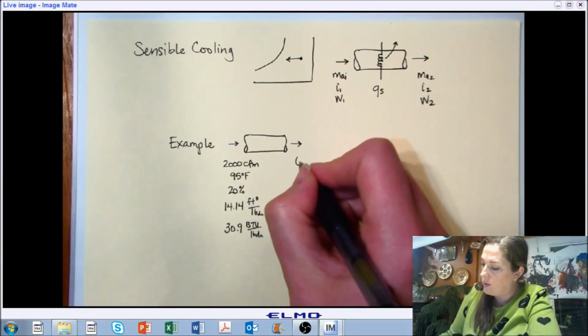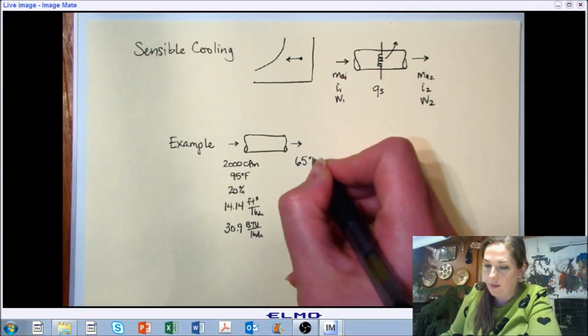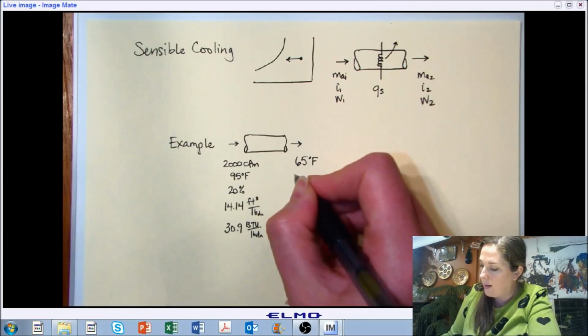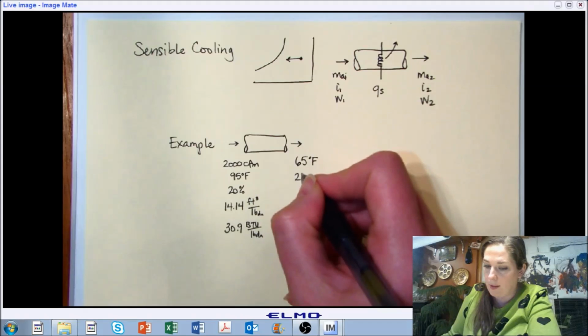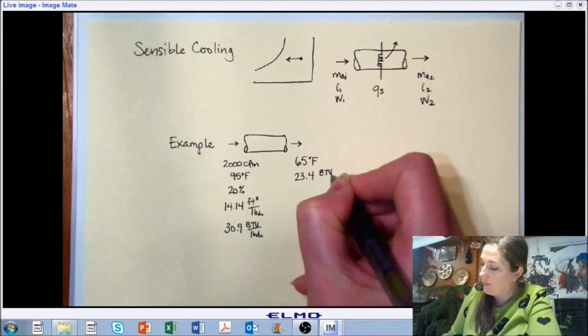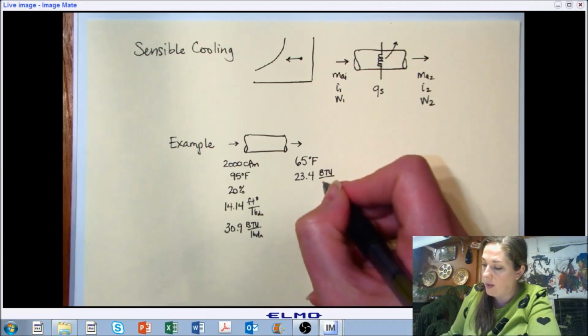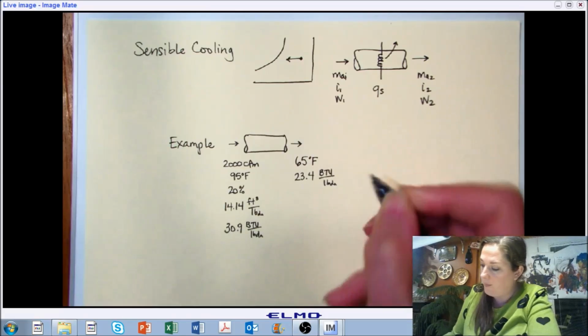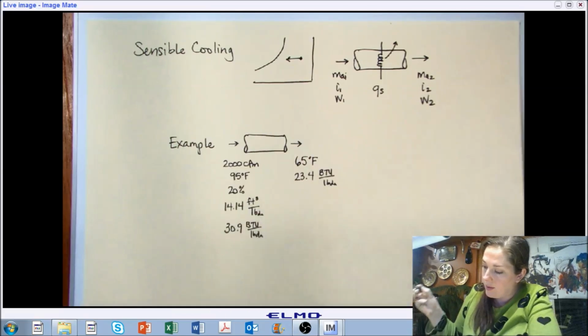And we want to cool it to 65 degrees Fahrenheit. If we look that up on the psychrometric chart, or use a psychrometric calculator, we would find that the enthalpy is 23.4 BTUs per pound of dry air. So that's our given.